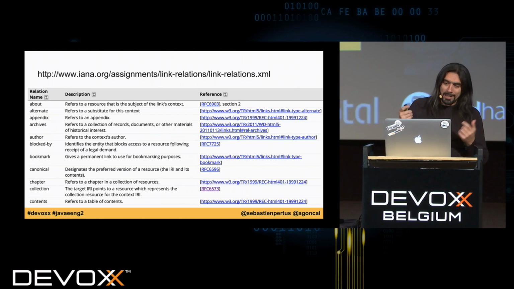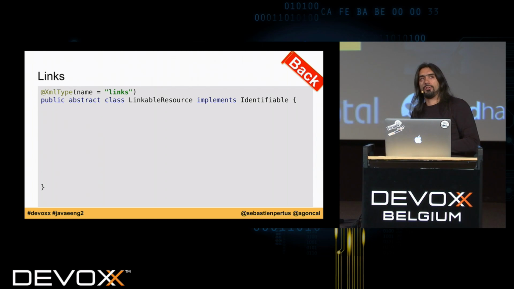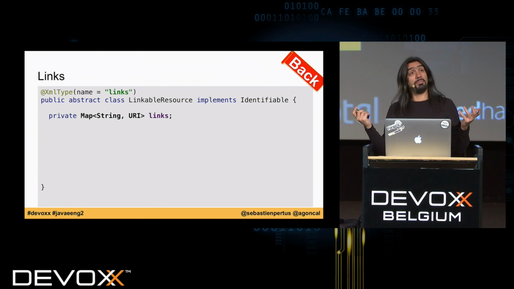So that's what I did, and unfortunately, there's nothing in Java EE nor in MicroProfile to help me. So what I did is I created a linkable resource, so everybody extends that, the room, the speaker, the attendee, and I just put a map.